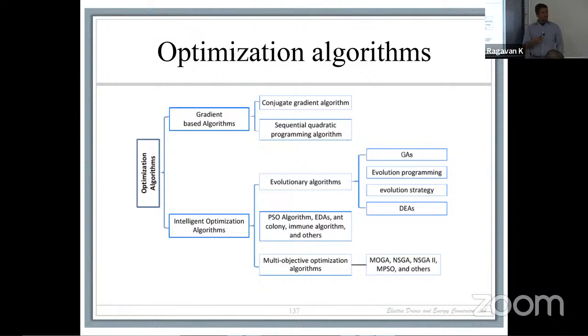Optimization algorithms, we had a question this morning about specific methods that you can use for optimization. You have gradient-based algorithms or intelligent algorithms. You can have conjugate gradients, sequential quadratic, evolutionary, which is often a genetic algorithm, and evolutionary programming is one more. So with these, you start with a specific design, and then you start to change it little by little.